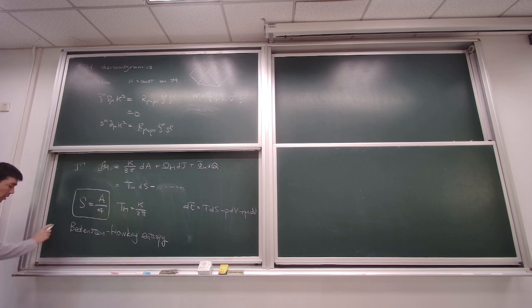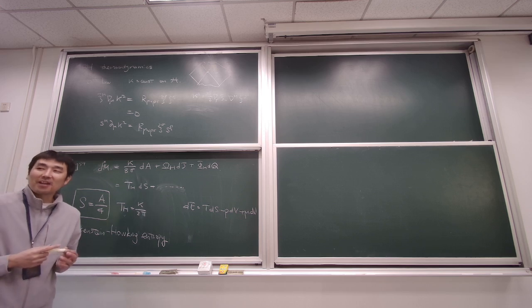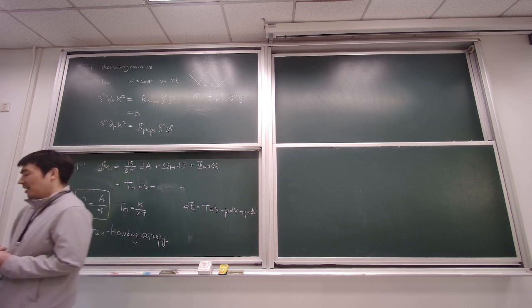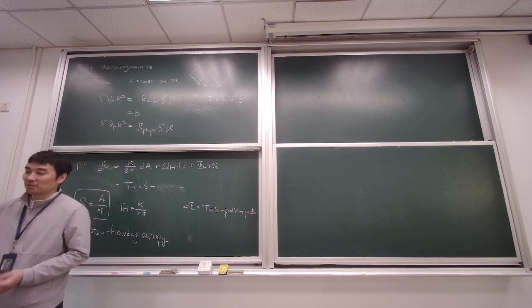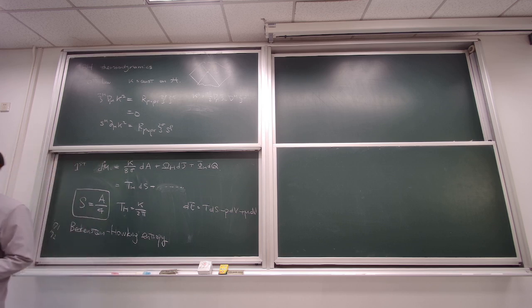I don't remember if it was 71 or 72. So if you throw a cup of tea into the black hole, the cup of tea of course has some non-zero temperature. So therefore it has some entropy.